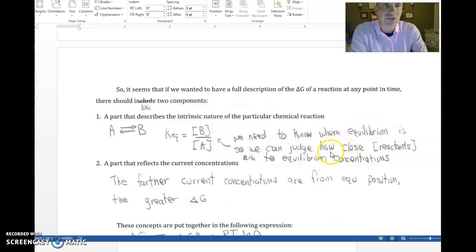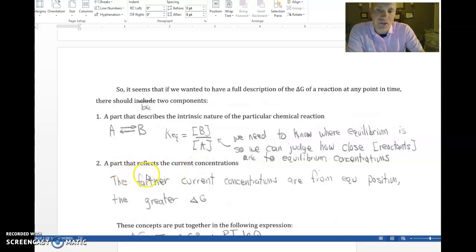It's like showing you the stretched spring and asking how much energy it could give off. I would have to know what it would look like in its equilibrium position to know how much energy is in this stretched spring. Without knowing that, I can't make that determination. So we need to know that.